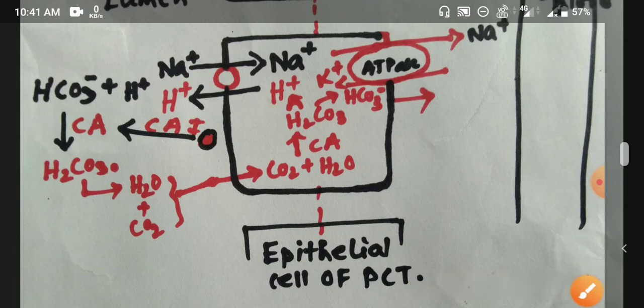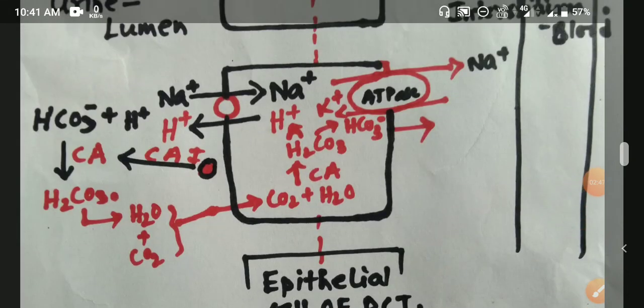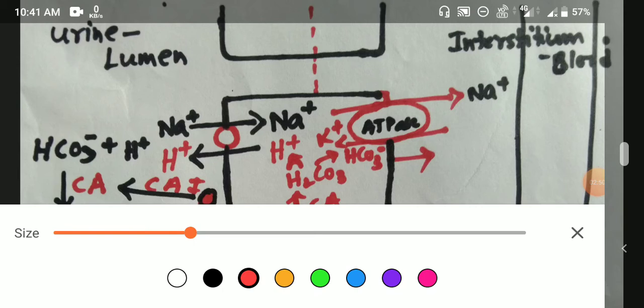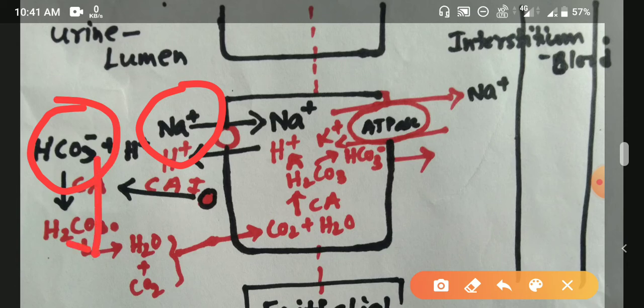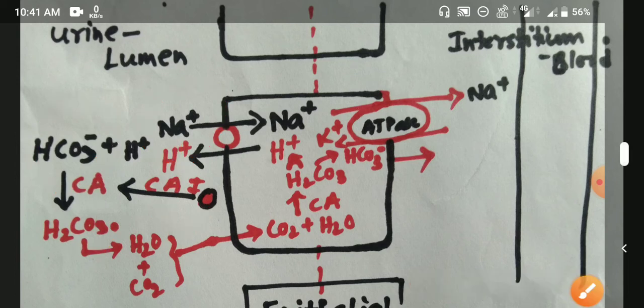So when the carbonic anhydrase enzyme is blocked, the sodium ions, bicarbonate ions, and water get removed from the PCT through the urine. So when carbonic anhydrase inhibitors are given, there is excretion or removal of sodium ions and bicarbonate ions with water.